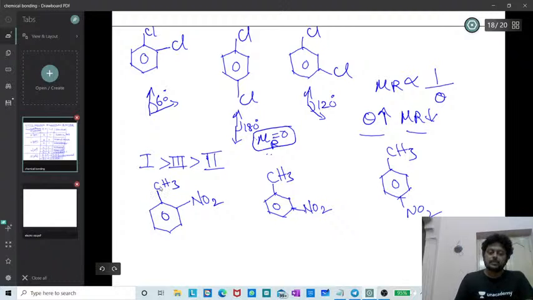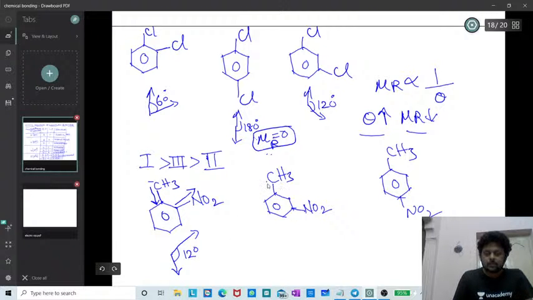Resultant type. See here, this carbon is sp3 carbon, whereas this carbon is sp2 carbon, and the sp2 carbon is more electronegative. That's why the dipole vector is in this direction. Whereas between carbon and nitrogen, nitrogen is more electronegative. If you see this one, one vector is here and another vector like this, so the angle of separation here is 120 degrees.